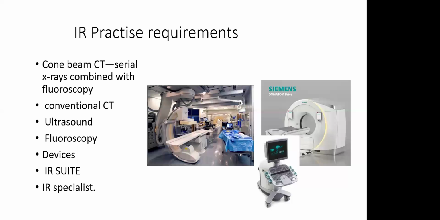Here in the first image, you can see a very nice cone beam CT angio machine, and we have a CT scan, and then we also have an ultrasound. Especially in KNH, these are the ones we rely on so much. And we have the specialists.